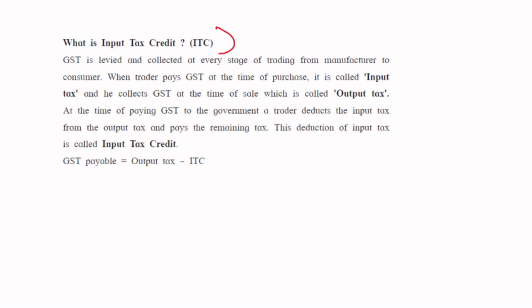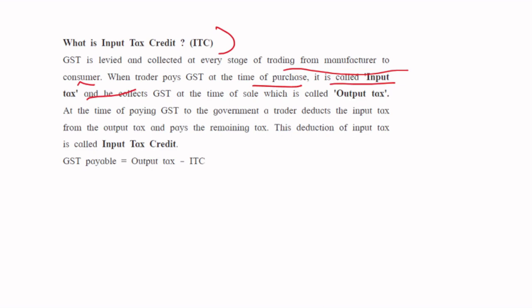So let's see the definition of input tax credit. We'll understand with the help of an example, because this is very important. GST is levied and collected at every stage of trading from manufacturer to consumer. When a trader pays GST at the time of purchase, it is called input tax.